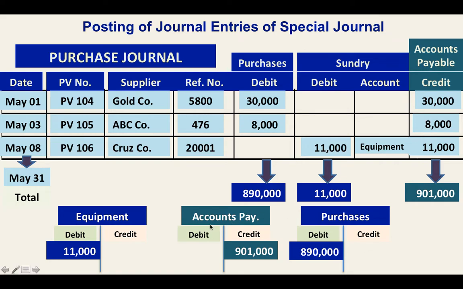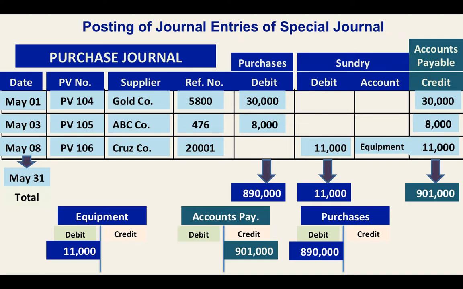But as I said, this type of posting is done when you are maintaining a manual record. But for a computerized system, they still maintain the posting to be made on each account kasi computerized naman na siya. So hindi na rin naman ganoong kalaki ang difference kung total lang.